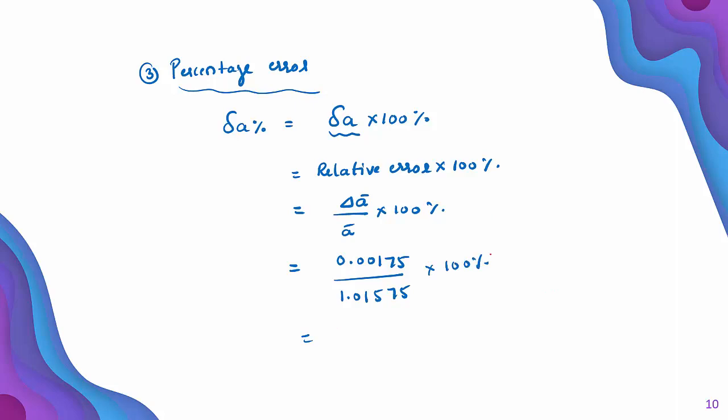So now easily we can get percentage error. Calculate this value: 0.00175 divided by 1.01575. So we got 0.00172286, into 100%.